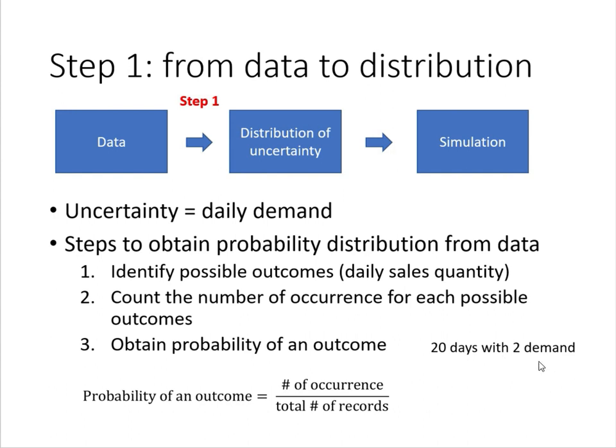Remember, you have 100 records. So the probability of having a daily demand of 2 is simply the 20 records with demand 2 divided by the 100 records in the data, so that comes out to 0.2. Quite easy, right?